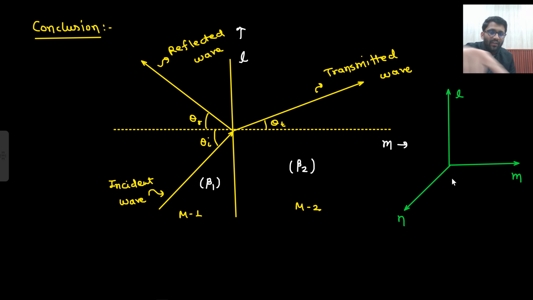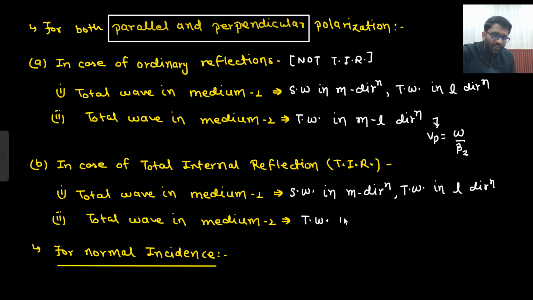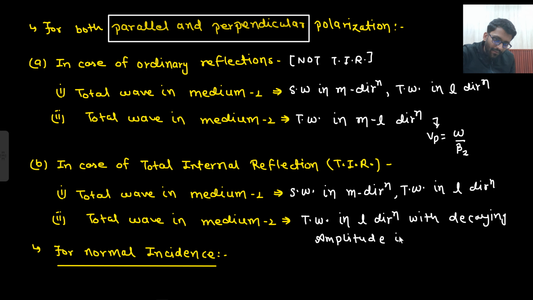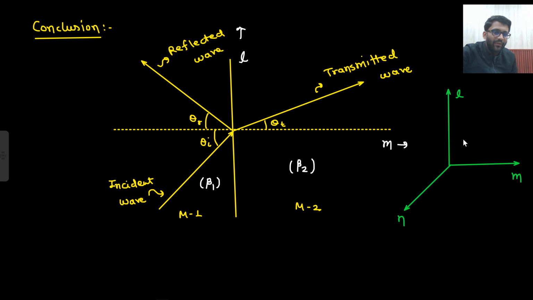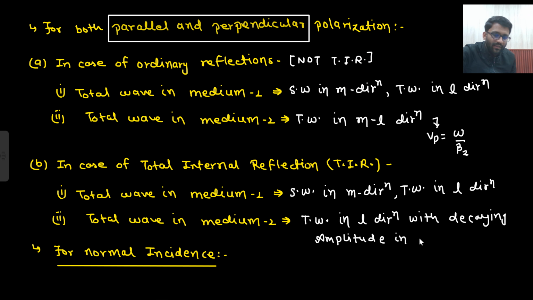Sorry, no. Traveling wave will be there in L direction, with decaying amplitude in M direction. Say yes or no. I hope you are able to connect the dots, right?